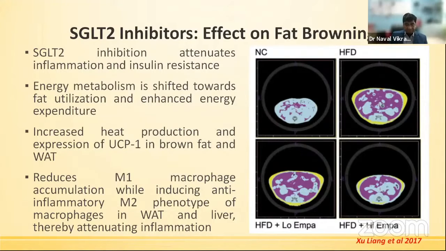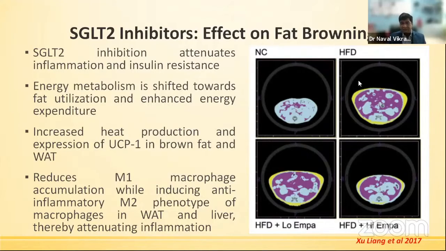Now, it has also been seen in animal studies that there is increased heat production and expression of uncoupling protein 1 in the brown fat and the white adipose tissue. Now, it decreases the M1 macrophage accumulation, while it induces the anti-inflammatory M2 phenotype of the macrophages in the white adipose tissue and liver. So these have all been seen in the animal studies.